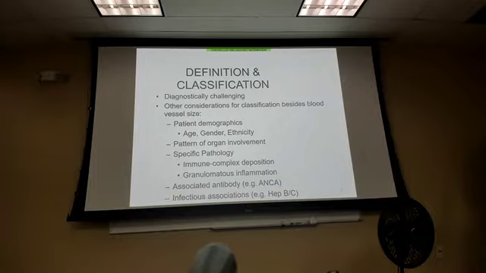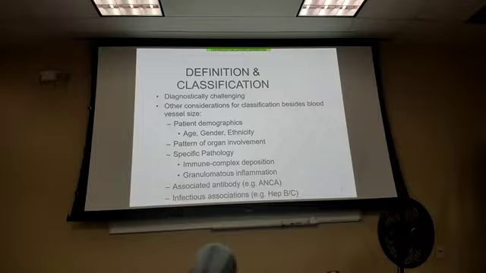Classifications, so it's that diagnostically challenging. Other considerations for the classification besides blood vessel size is the demographics. So what is the age? What is the gender? What is the ethnicity? What are the organs involved?